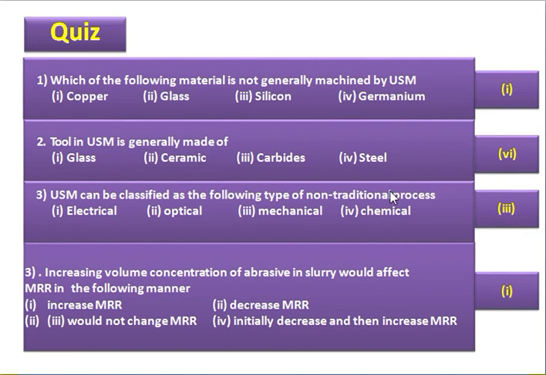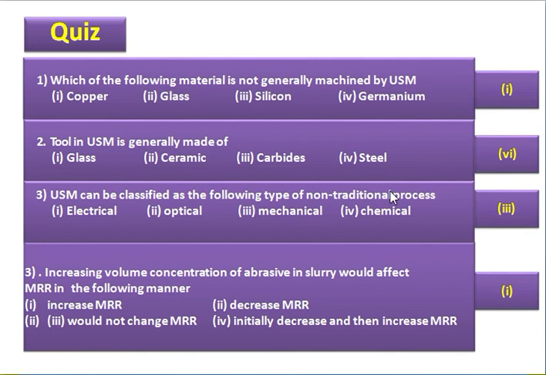Now the second question is, the tool in USM is generally made of, it's a very common answer and known to you: glass, ceramic, carbide, steel. The correct answer is steel.